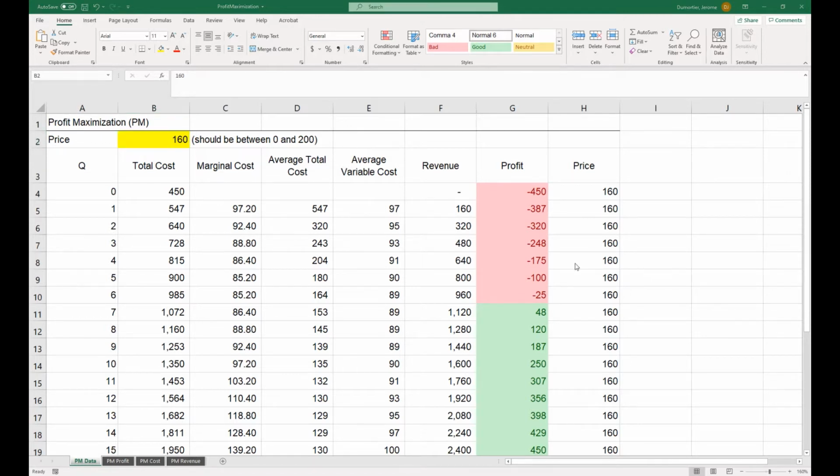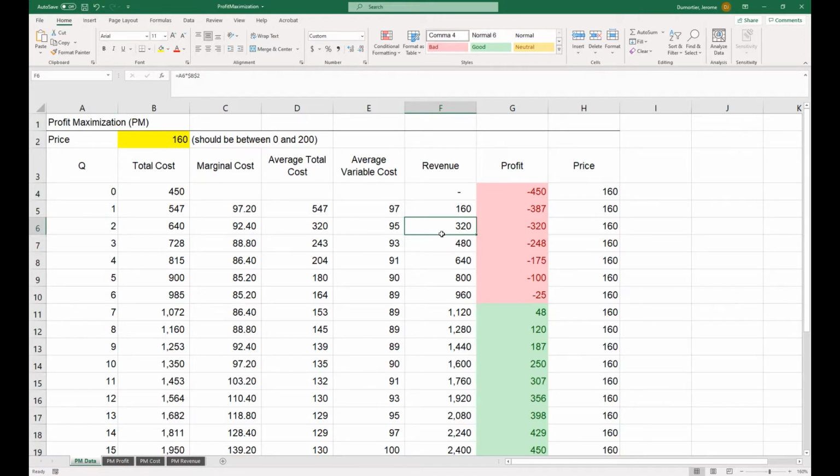So if you are selling 0 units at $160, of course you do not have any revenue. But if you are selling 1 unit of output at $160, you have a revenue of $160. For 2 units of output, you have a revenue of $320, and so on.